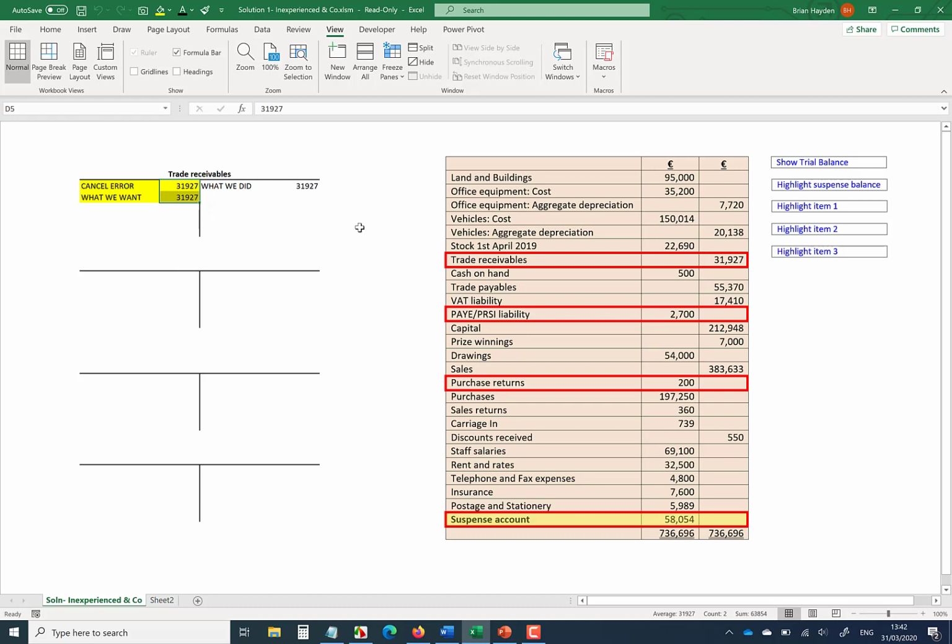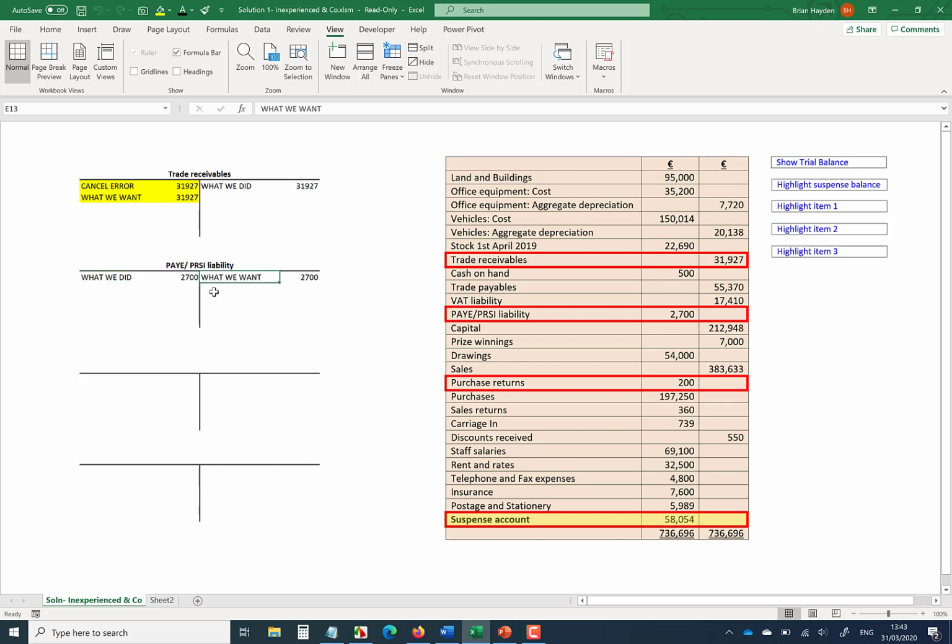Okay, so doing the same thing for the PAYE PRSI liability. What we did was we put 2700 on the debit side. So here's what we did, 2700. So we want to cancel that and we put in what we want. So what we want is 2700.